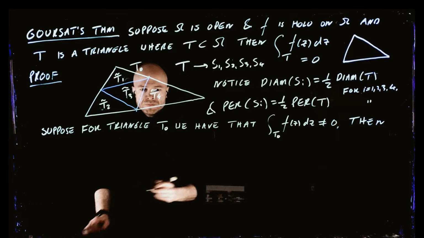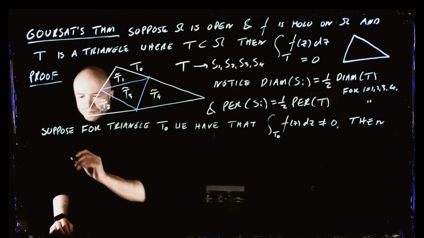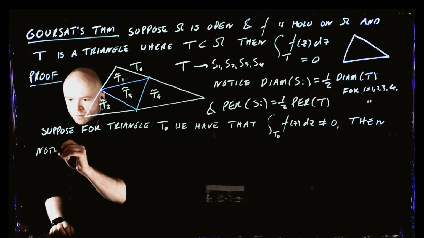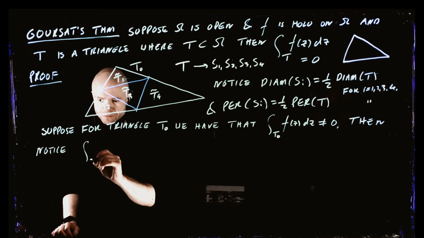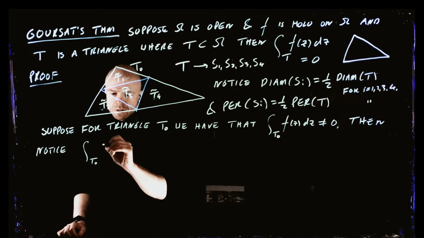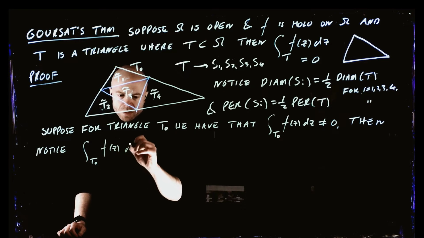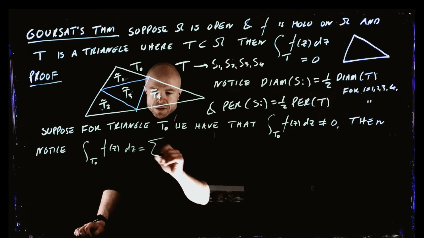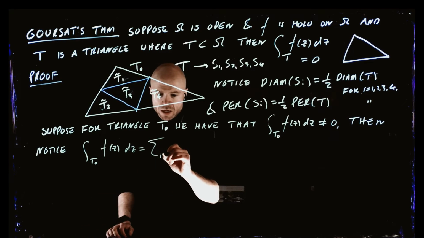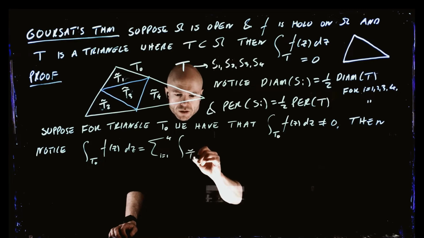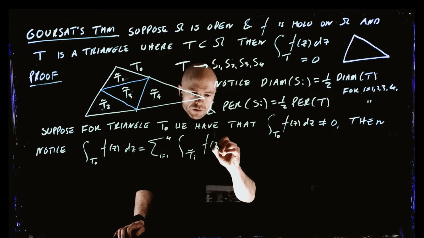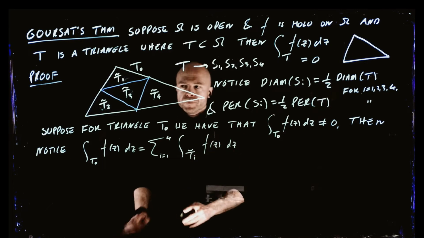Yeah? Then, notice that the integral around T0 of f(z) dz is equal to the sum from i equals 1 up to 4 of the integral around T tilde i of f(z) dz.